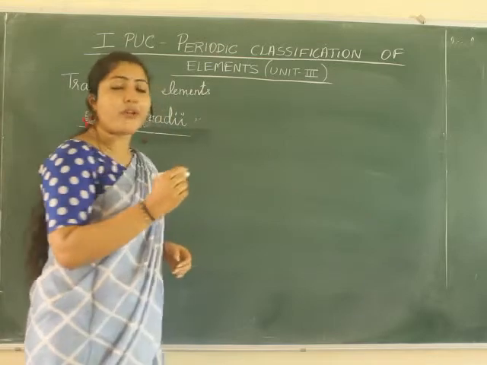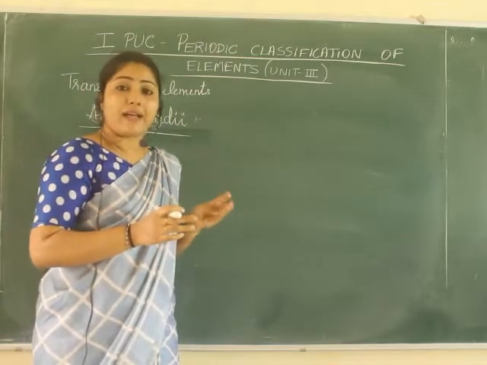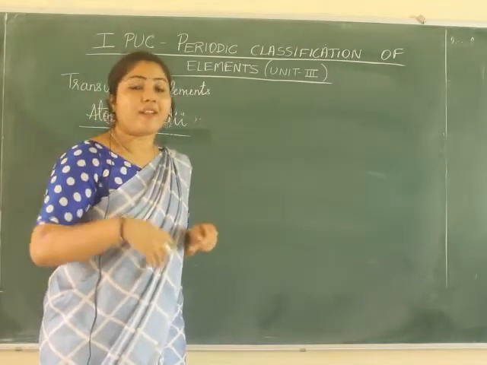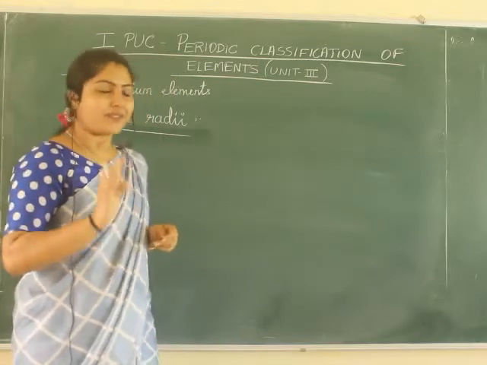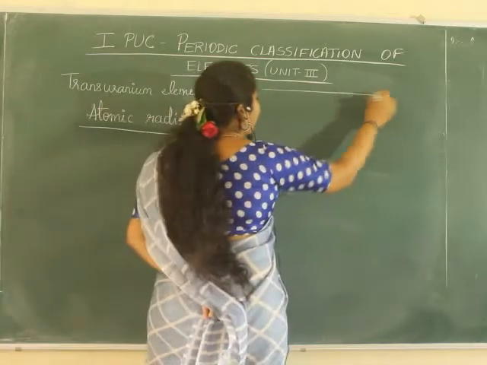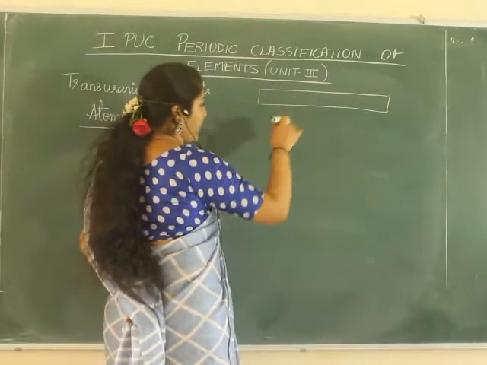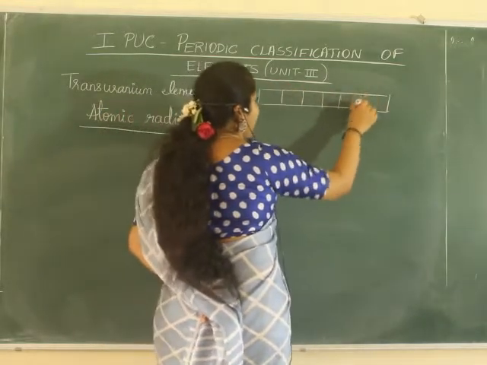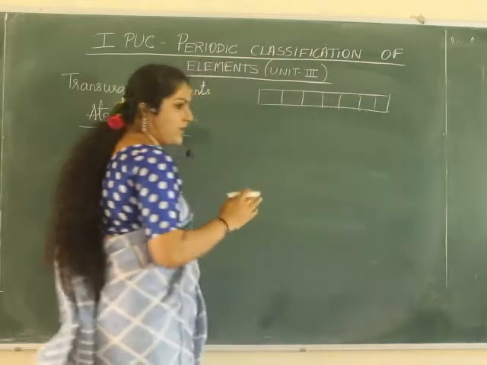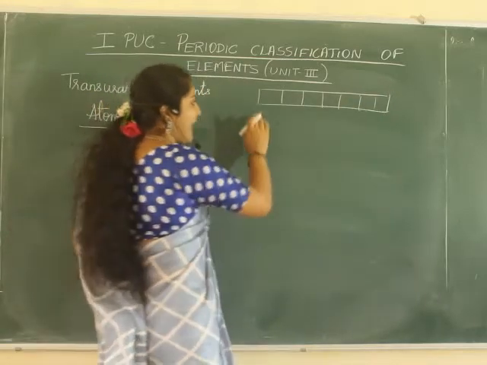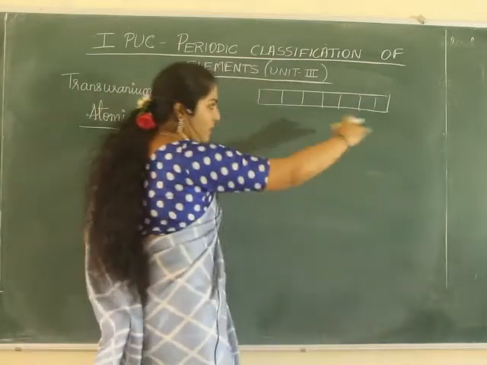Clear? So I was speaking about the trends of how it varies across the period and down the group. Very important point. As I had mentioned, you will have to know this better if you have to understand the further concepts. So do understand, okay? I had told you that I'll just mention one particular period. You know the elements arranged in horizontal rows are what we call a period. So when I say across the period, it means this way.